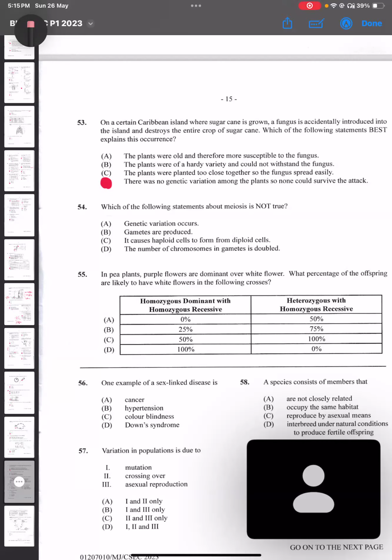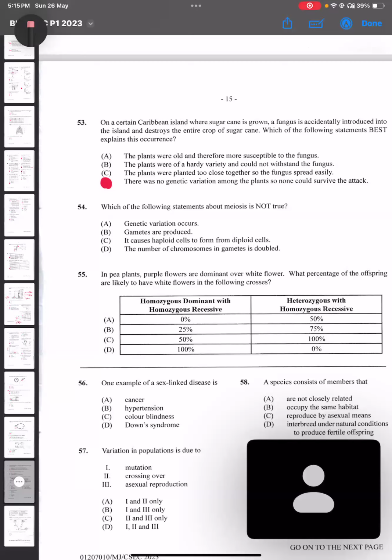As for the fungus spreading easily, even when the fungus is spreading easily between them, if there was variation among the population, at least some of them would have been able to survive. But because the entire population died, it means that all of them had the same genes, so they had no variation where one or two would have had some resistance to that fungus due to a mutation or a different allele.